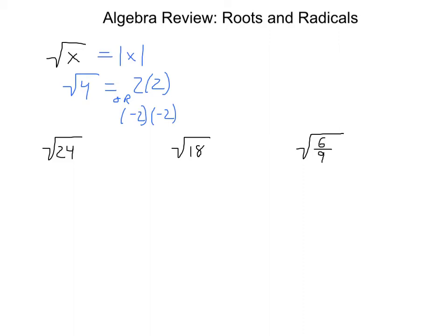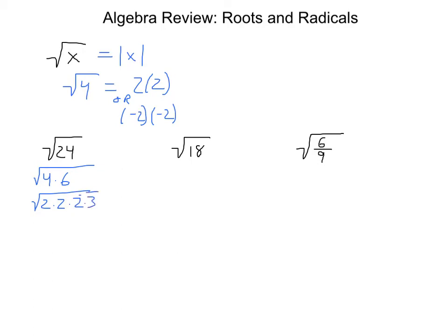Another part of working with square roots is when we have the square root of something that we can't directly take the value of. Square root of 24, so we're looking for a number that when multiplied by itself will give us 24. Well, 4 times 4 is 16 and 5 times 5 is 25, so neither of those work directly. But if we were to take the square root of 24 and break it down, this is 4 times 6. And if you want to take it a little bit further, this is 2 times 2 times 2 times 3.